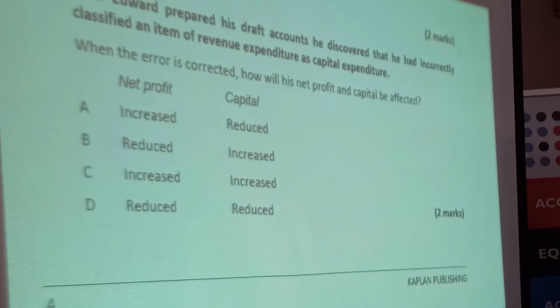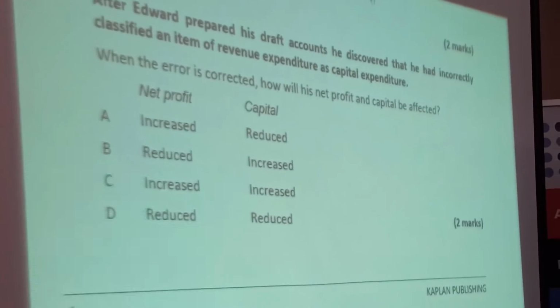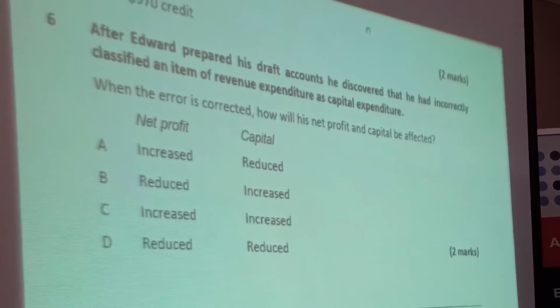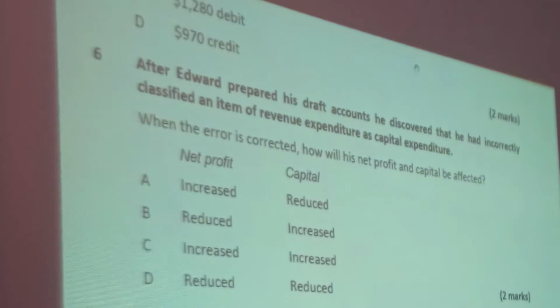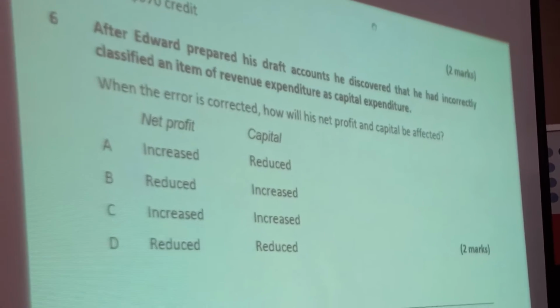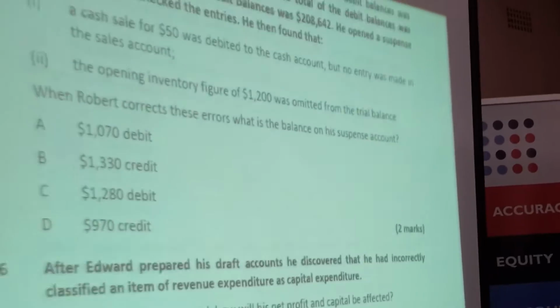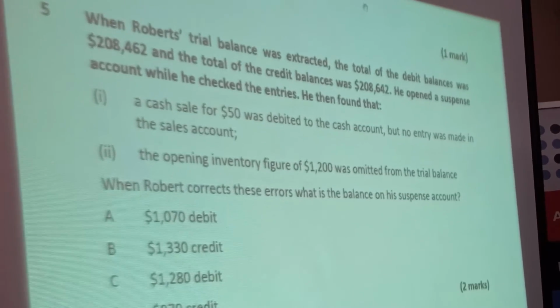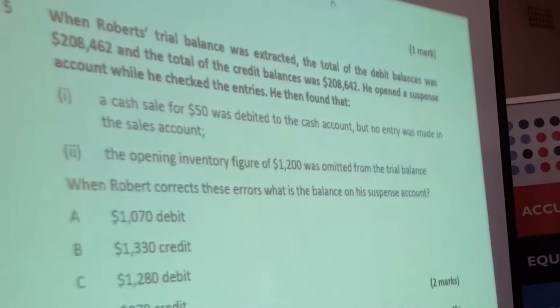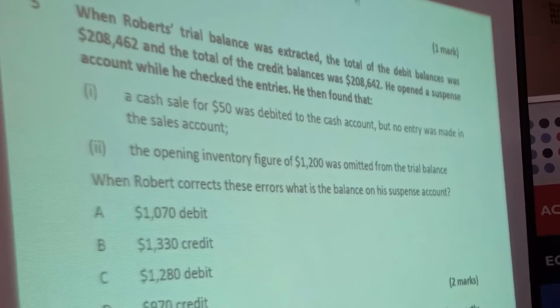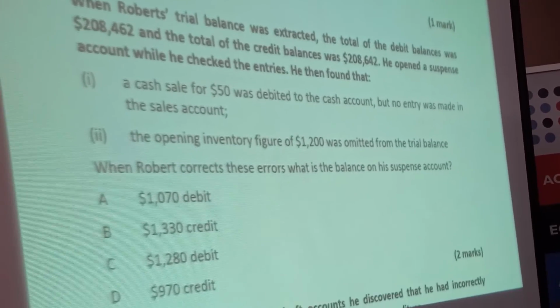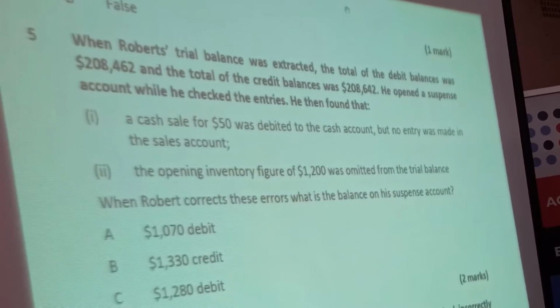Yes, you can ask. My debit is where did we get that opening balance of 180 from? Okay, when we started looking at your question, the question clearly stated that the total debit was 208,462, right?